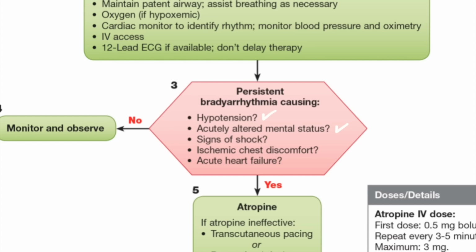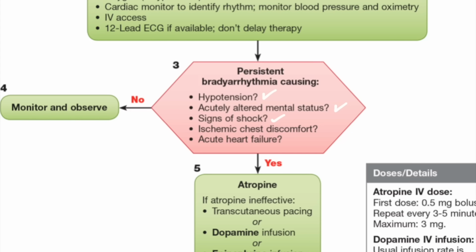That's pretty ominous. Signs of shock: this would be your pale, cool, diaphoretic patient. And if they're pale, cool, diaphoretic and bradycardic, that's bad, right? Because typically when somebody becomes hypoperfused, their heart rate wants to pick up to compensate, but the inability to compensate may indicate a more serious condition.